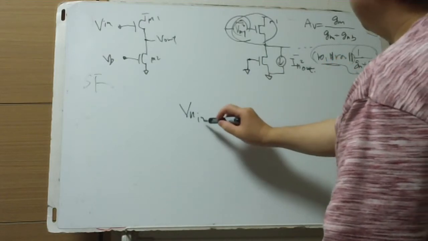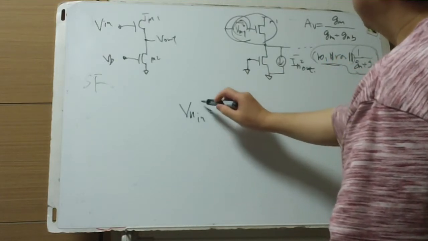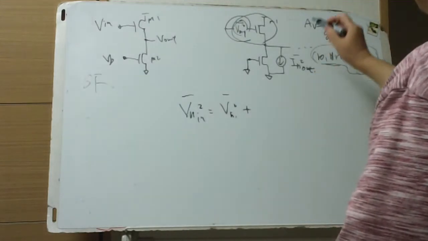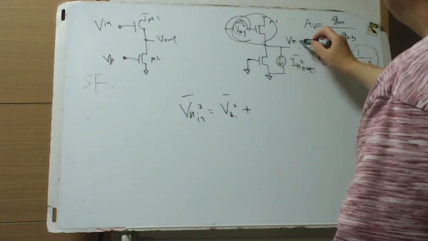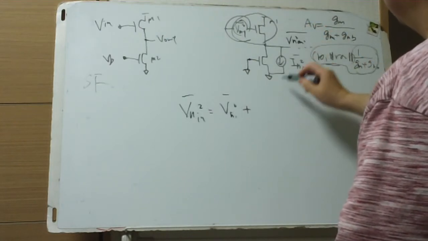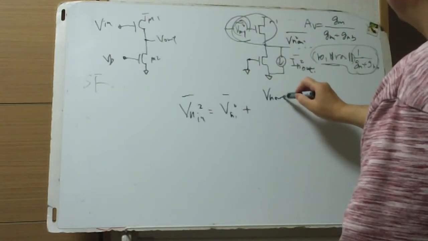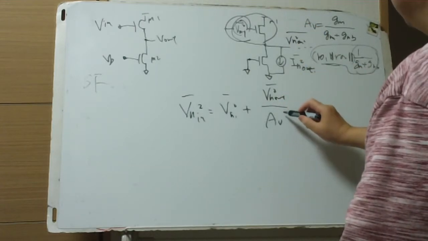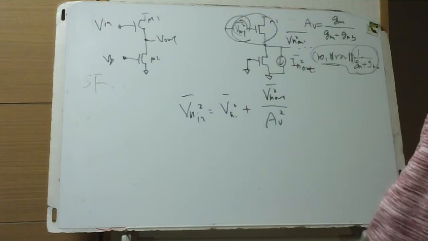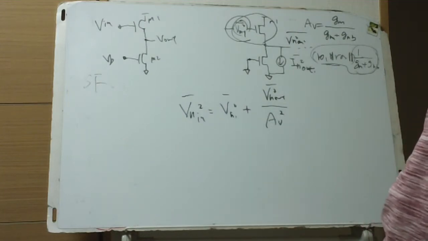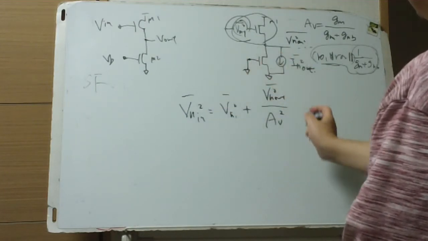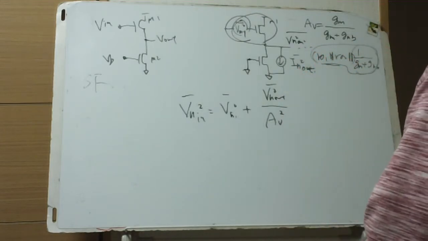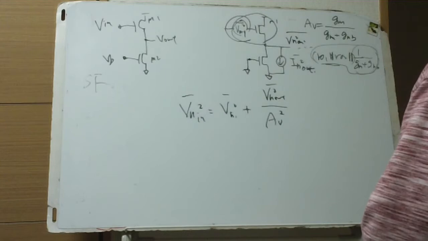Sorry, Vn equals Vn1 squared bar plus Vn out squared bar divided by the voltage gain of the source follower. Like this, we can simplify the calculation in the textbook.